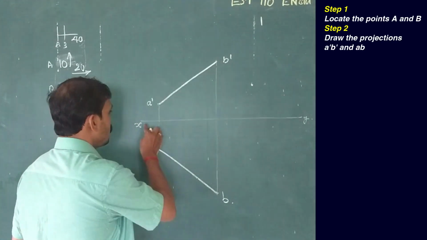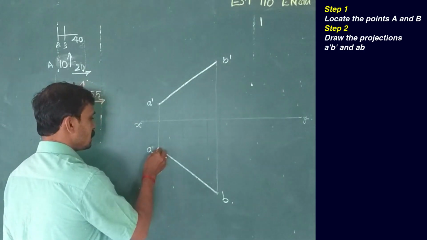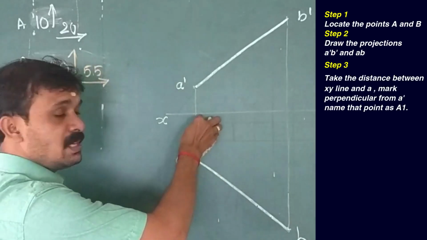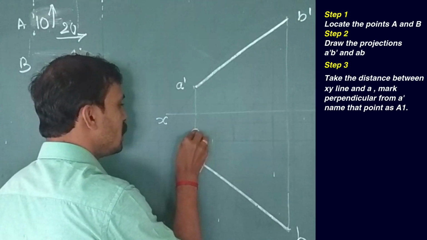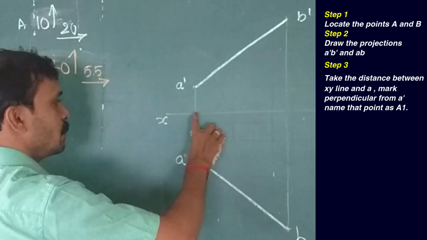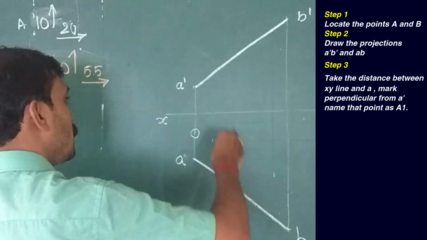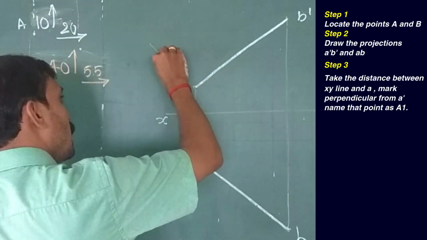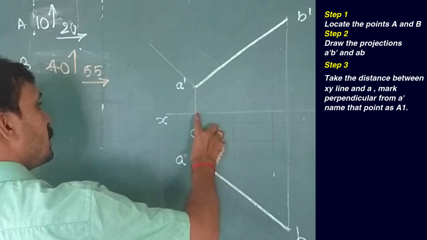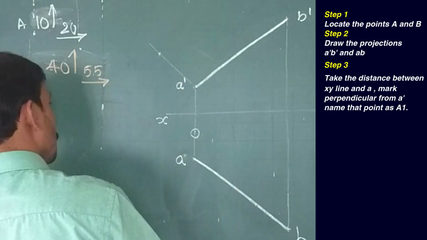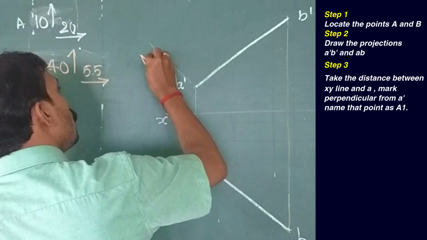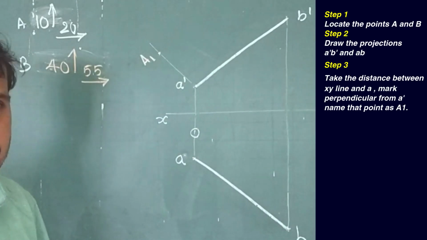This is the XY line, this is A. Take the distance between XY and A. Draw a perpendicular through A dash and mark that distance on that perpendicular. That point will be our true length point A1.